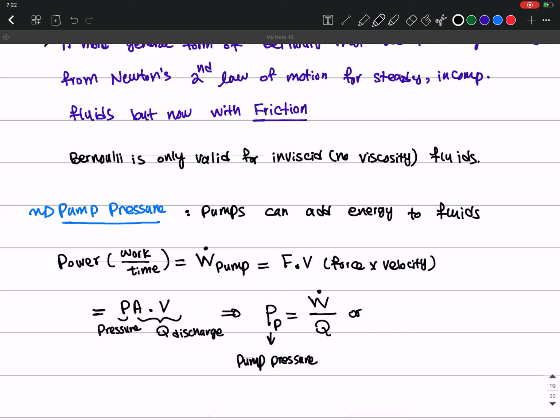Or simply we can also write a pump head as HP equals W dot of pump, or shaft, which we called it before, over what?